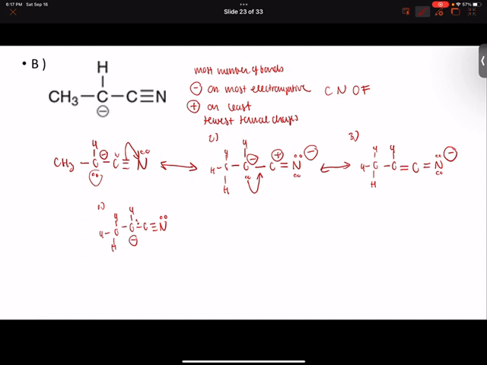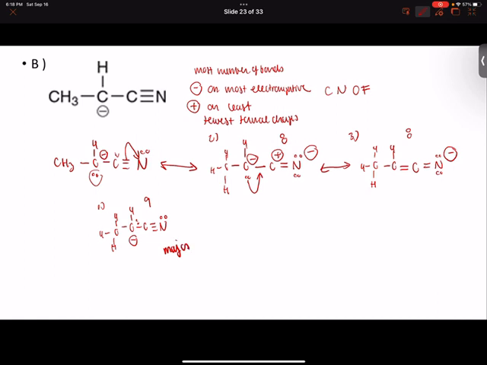Okay, so I have 1, 2, 3, 4, 5, 6, 7, 8, 9. Then 1, 2, 3, 4, 5, 6, 7, 8. And 1, 2, 3, 4, 5, 6, 7, 8. So this one has 9 bonds, and this one has 8 bonds. So I would say that this one will be the major contributor.